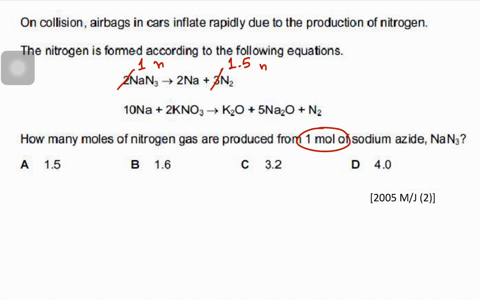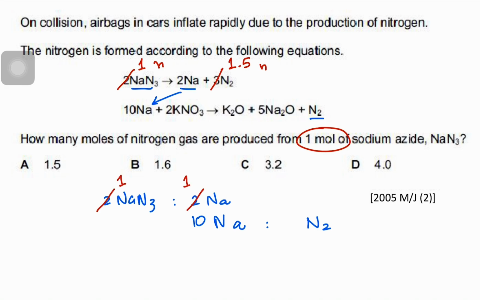But if you notice clearly, sodium azide also makes sodium, which later makes more nitrogen gas. So you can see 2 sodium azides make 2 sodiums, and then 10 sodiums make 1 nitrogen. So notice clearly, if 2 mole of sodium azide give you 2 sodium, 1 would give you 1.